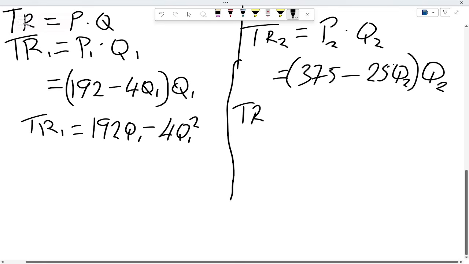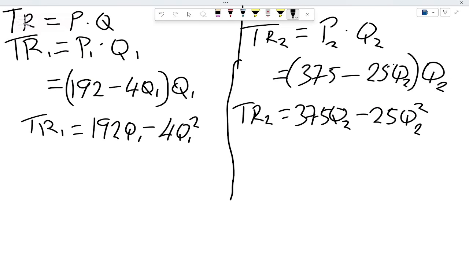Here you have your TR2 as 375Q2 minus 25Q2 squared. What happened? You multiplied through by the Q's: Q1 multiplied by 192 and 4Q1, Q2 multiplied by 375 and 25Q2. You can name these various equations if you like, but to manage the space here, we may not.